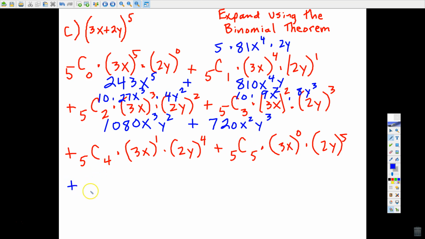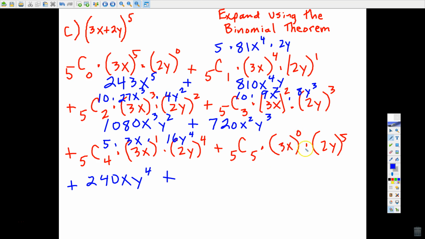Okay, I'll just come down here. 5c4. 5 times 3x. Dalton, what is this, 2 times y raised to the 4th? 16. All right. And put it all together. 15 times 16. 240. x, y to the 4th.